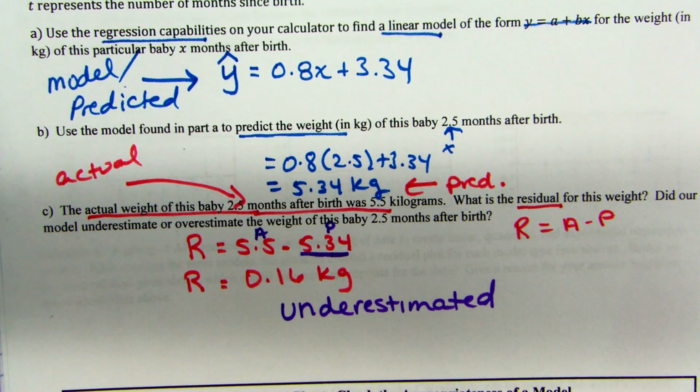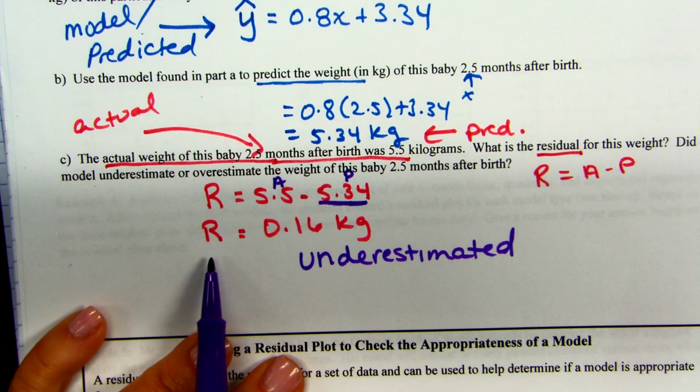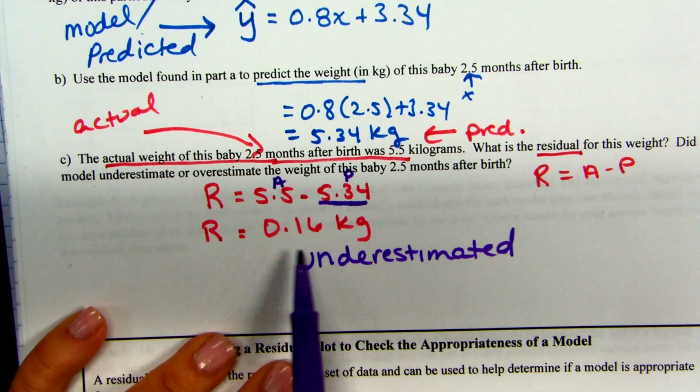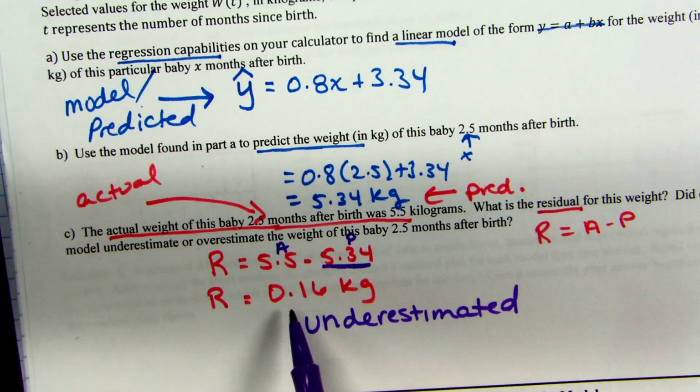Okay? Now, what the people in the classroom a few doors down do in statistics, so AP Statistics taught by Ms. Bunday, they take this information and they go really, really deep with it. Okay? We don't do that in here, but we're going to just touch on it. So what the statisticians do is they take this residual and a whole bunch more, because we just found the residual of one weight, 2.5 months.